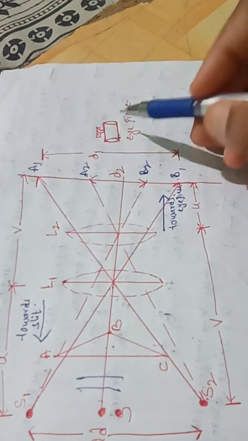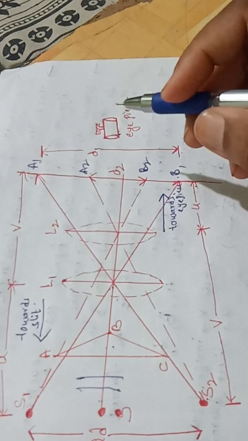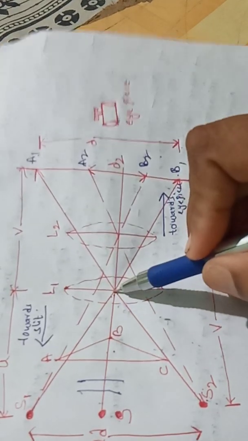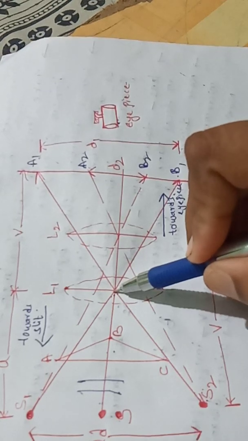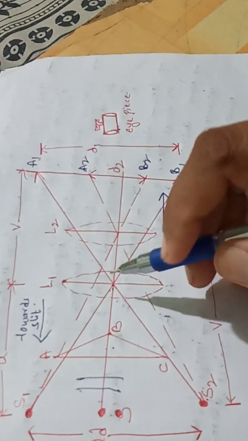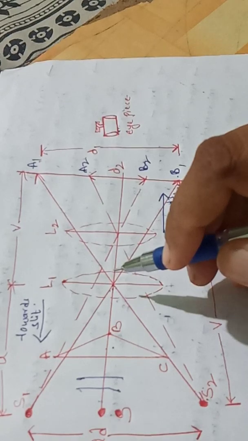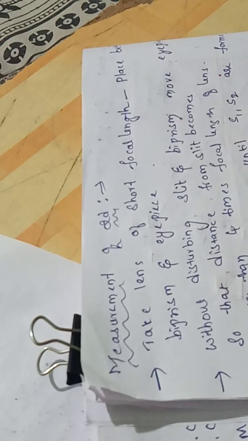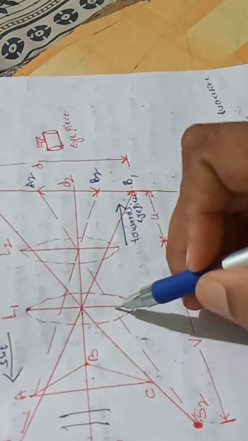We will just move the eyepiece and adjust the distance of this convex lens such that the distance is 4 times the focal length.